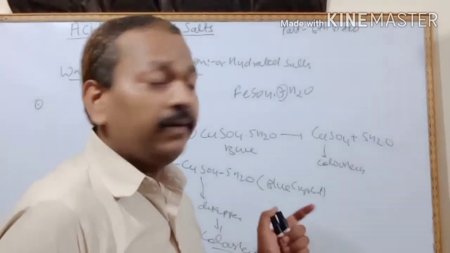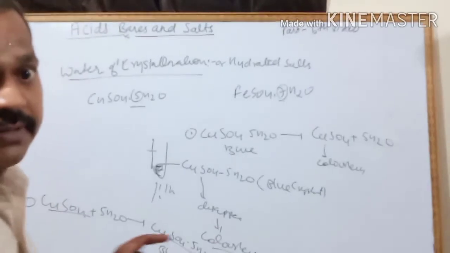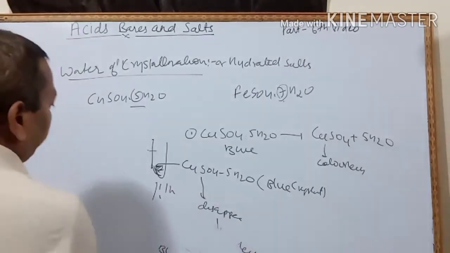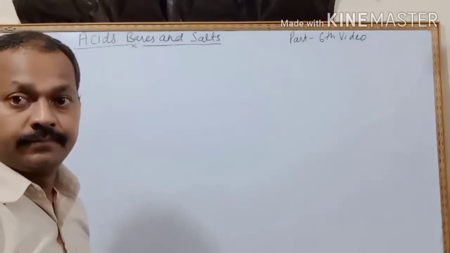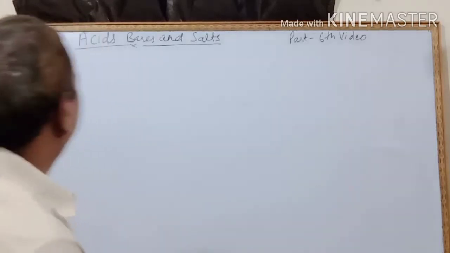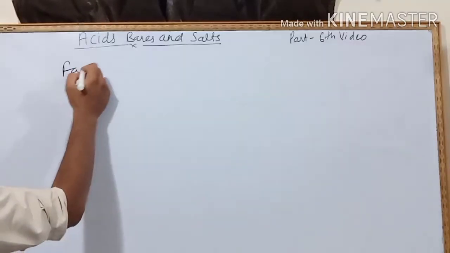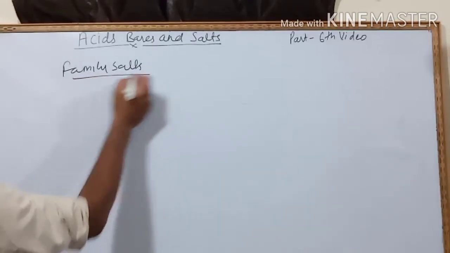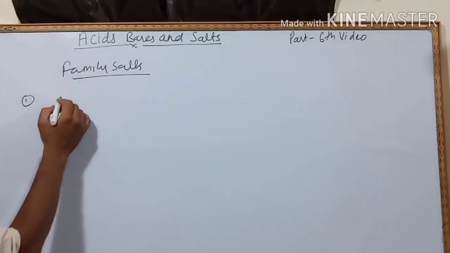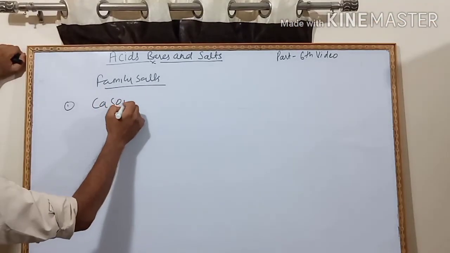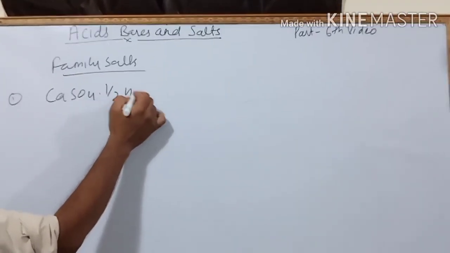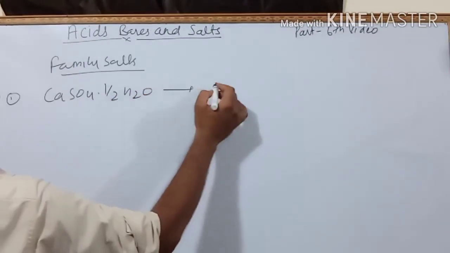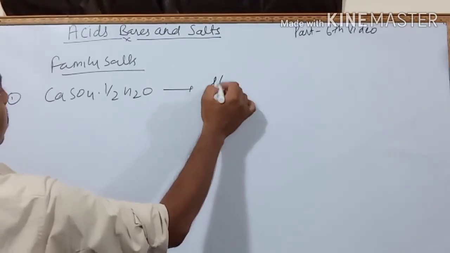Then next we will take family salt, right? So see, this topic is family salt. Now let's begin with CaSO4·½H2O. This is known as plaster of Paris.